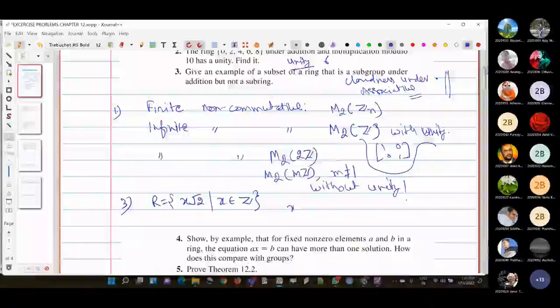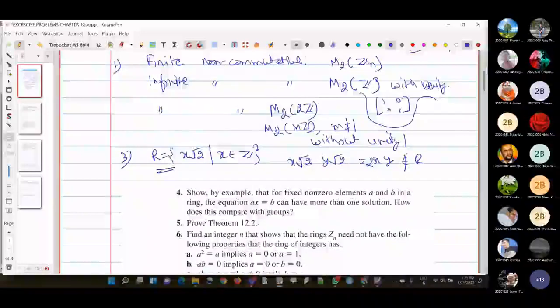And you know that when we take x square root of 2 and y square root of 2, we get 2 times xy. So this is not a member of this set R, so it is not closed. But under addition, this is a subgroup. Okay.